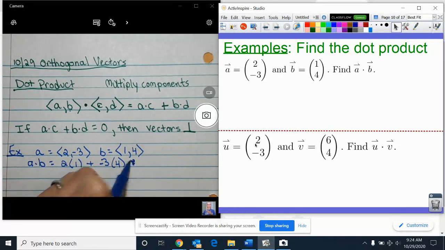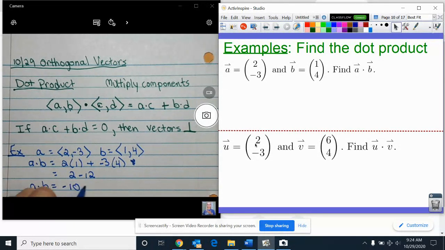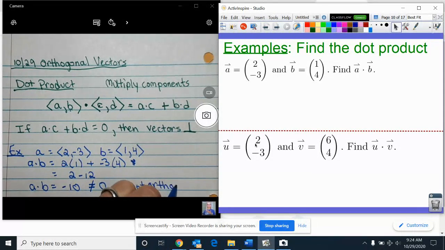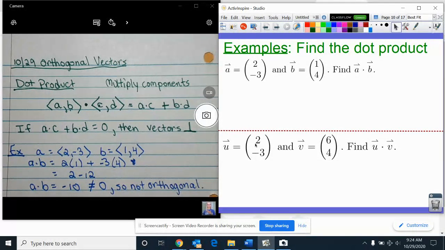Well, that's the same as 2 minus 12. And so the dot product is a value of -10, but it's not 0. So not orthogonal. In this case, these two vectors are not orthogonal.